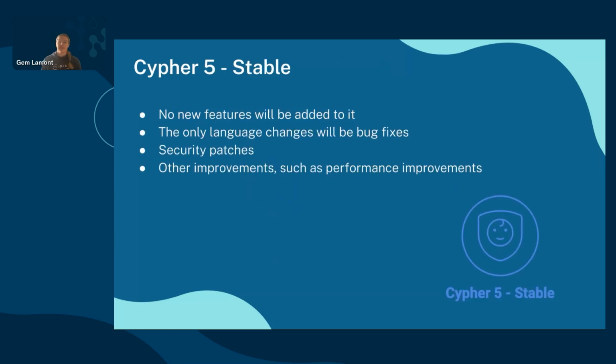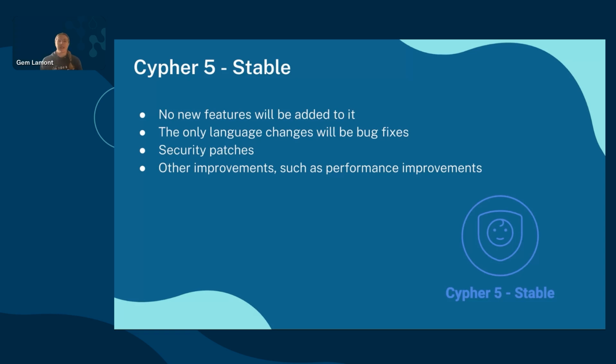Cypher 5 is our stable version, and what this means is that there'll be no new features added here. It'll stay the same, frozen in time. This also means that there are no breaking changes, but if there were to be a language change, it'd be well thought through and only because of a serious bug fix.